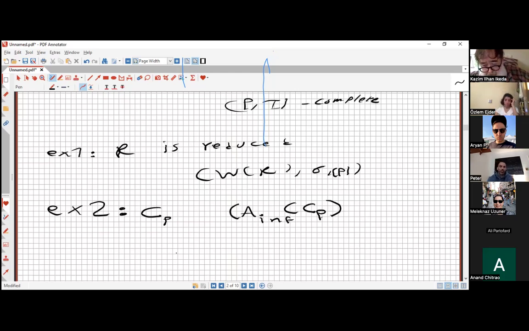This is defined by first taking O_{C_p} modulo p, then taking the inverse limit over Frobenius, which becomes something we call the tilt of that ring. Then A_inf is defined to be the Witt vectors of this.